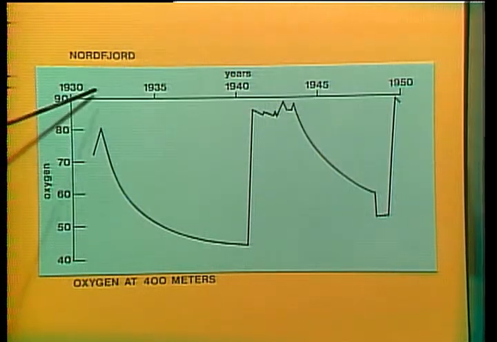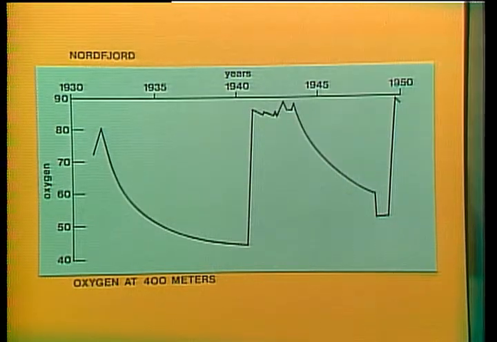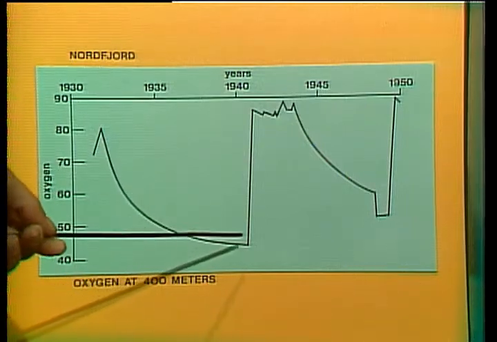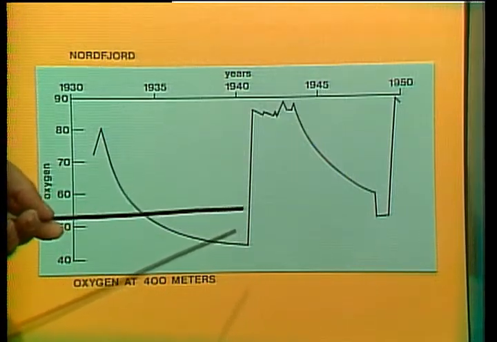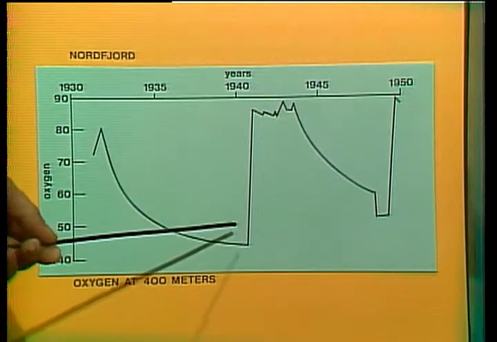in about 1931, the water must have been reasonably fresh. Then nothing happened in the bottom of the fjord. The estuarine outflow operated in the upper part, and the oxygen gradually decreased for a period of almost 10 years until there was not very much oxygen left in around 1940.